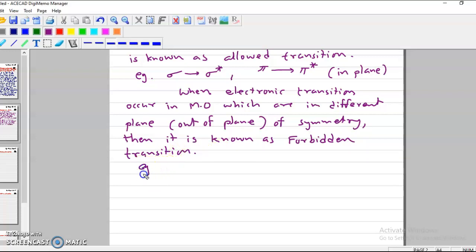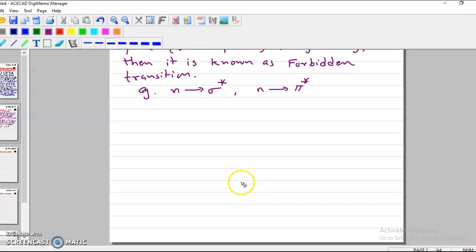For example, n to sigma star transition as well as n to pi star transitions. Why? Because the n orbitals and pi star or sigma star orbitals are in different planes, and therefore these transitions are not allowed, or we can say forbidden transitions.